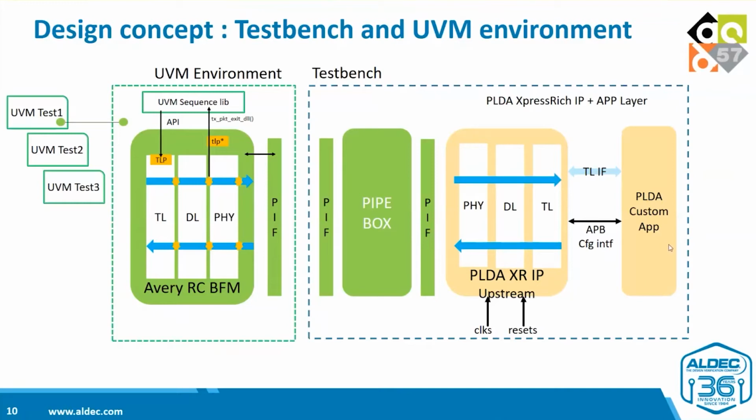And coming to the transaction layer interface, it is a TL transmit and receive data path, as well as the debug ports and error reporting ports that are available on the PLDA IP. And it is configured as a Gen 5 endpoint by 16 lane. And Louis, that is part of the PLDA IP, and you can take over to explain the remaining part of the test bench. All right.